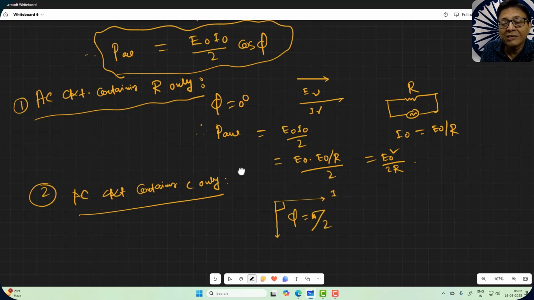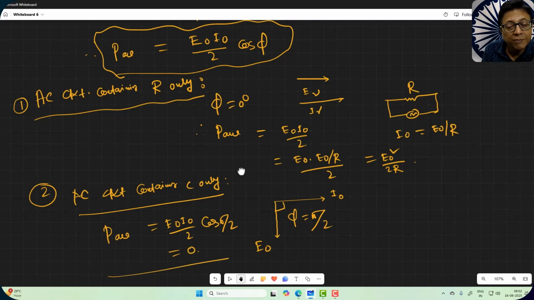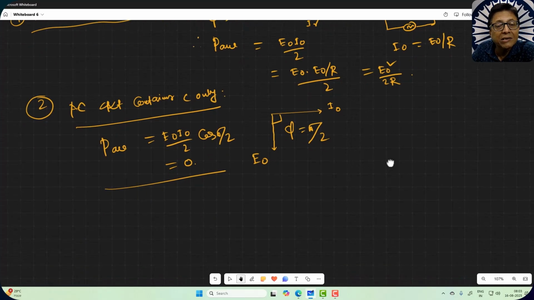This is the direction of what? I0, and this is the direction of E0. So P average in this case is E0 I0 by 2 cos pi by 2. The value will be 0. No average power loss is there in AC circuit containing capacitor only.